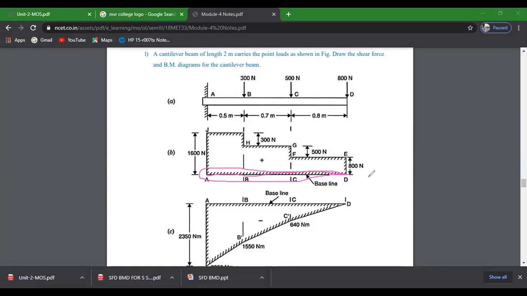From point D to point C, we don't have any loads.